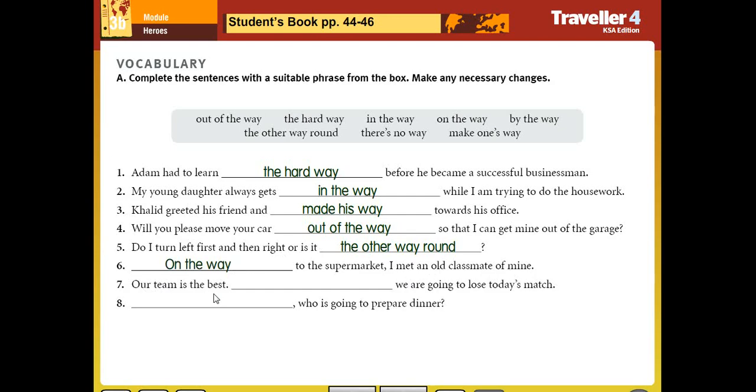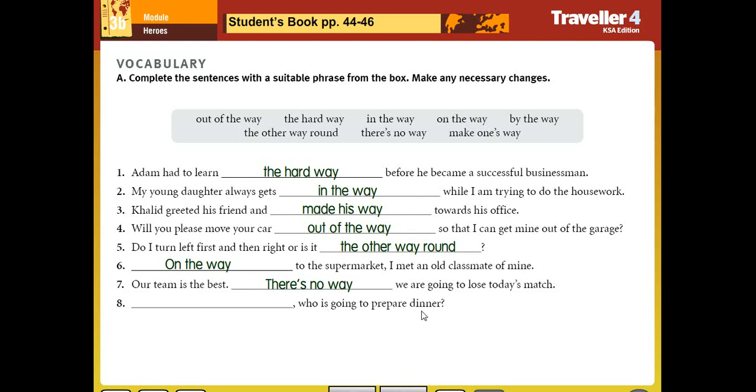Our team is the best. We're going to lose today's match. Is it possible? It's impossible. So there is no way. There is no way. Okay, let's move to number 8, the last sentence in this exercise.